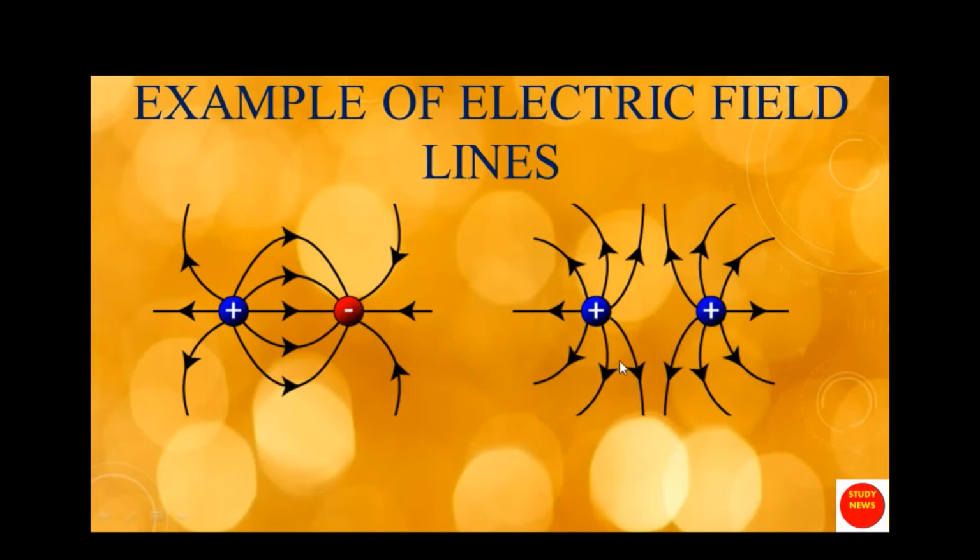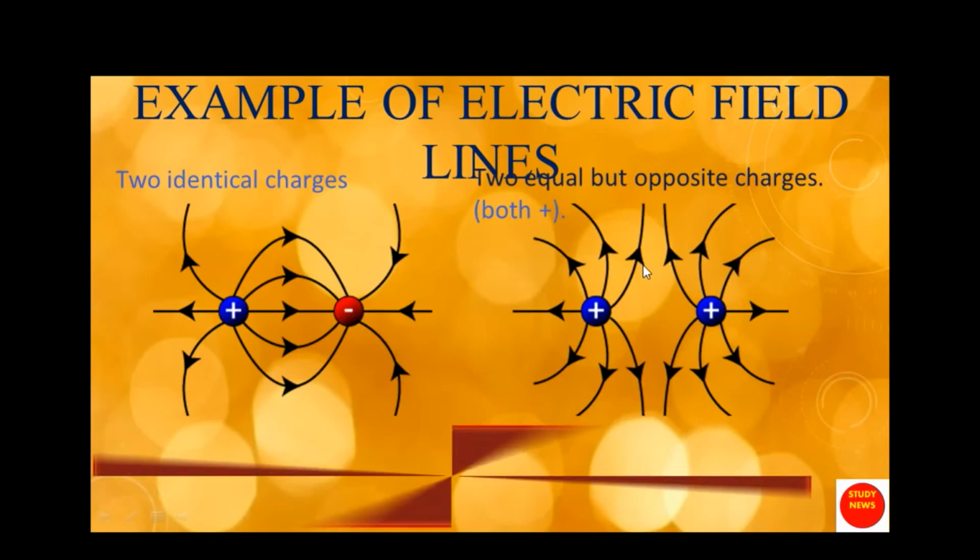When we talk about the same charges, positive or negative, they will repel each other, and their schematic diagram will look like this. Then we can say that the electric field lines will never intersect each other at any point.